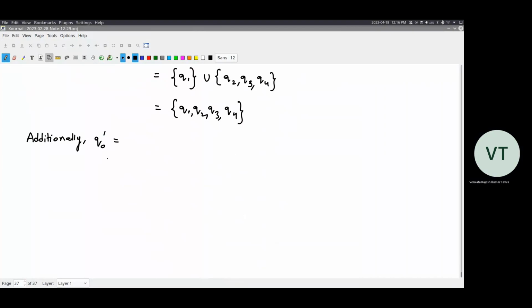E of Q0 dash. No, we are defining Q0 dash. Again, think intuitively. If I have a start state and this start state is connected to some other states through epsilon arrows, it means I am getting those states also freely with the start state, right? So I should include all of them as my start state. So how do I write it? E of Q0, E of set Q0. That's all.